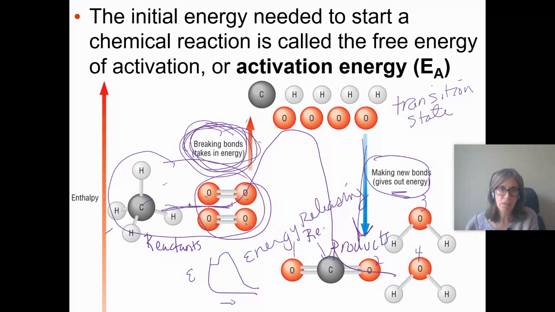Energy releasing reaction, you can also call that an exergonic reaction. You're releasing that energy. You start with more energy than you end with. What happened to the energy? Well, it got released.